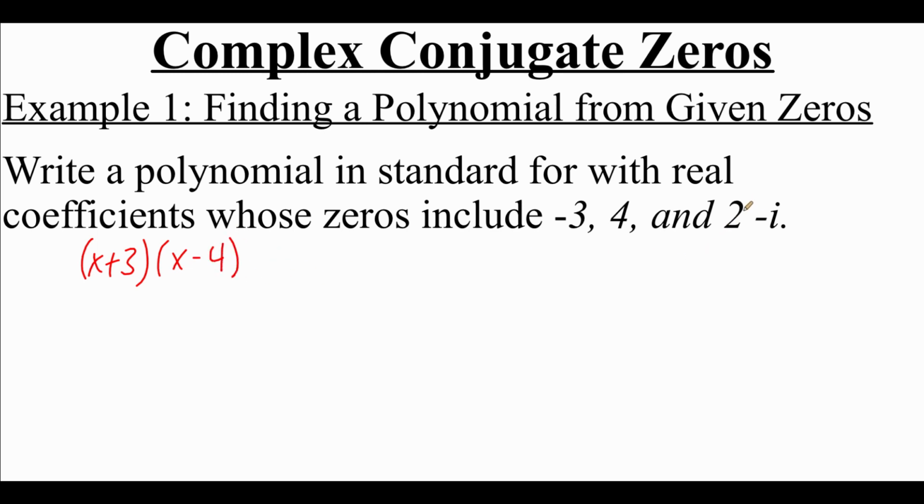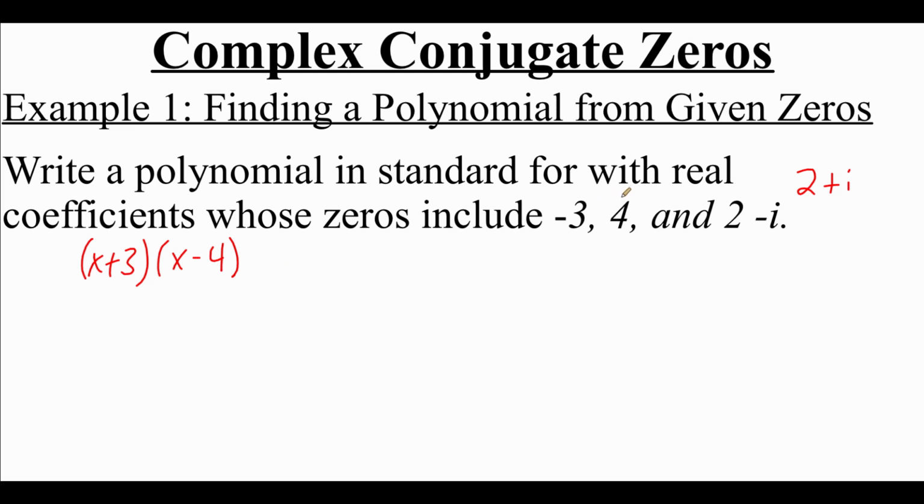Now here, because we have 2 minus i, that's an imaginary zero, we just said that if we have an imaginary zero, then its conjugate also has to be an imaginary zero. So if we have 2 minus i, then we also need to add 2 plus i to our list of zeros. Now as far as thinking about the factors for these imaginary zeros, it might be a little tricky, but I'm going to refer to the 4.